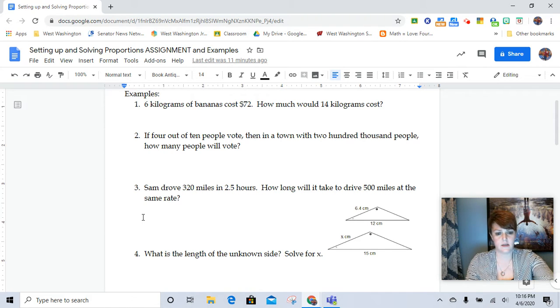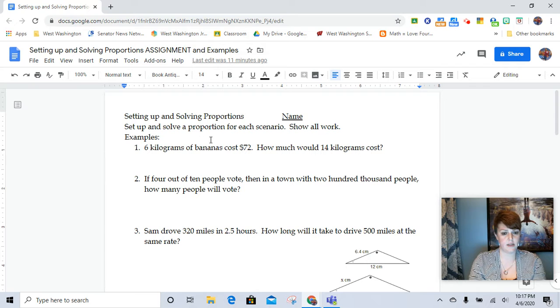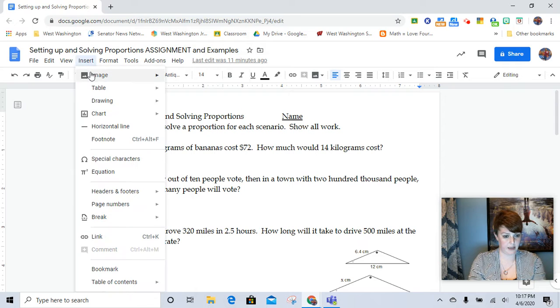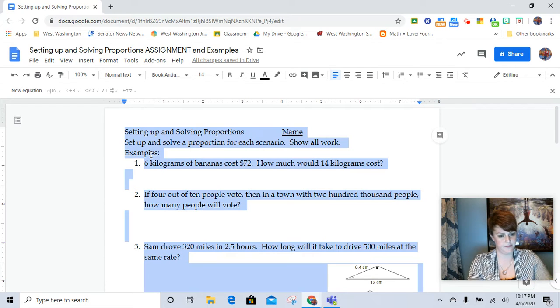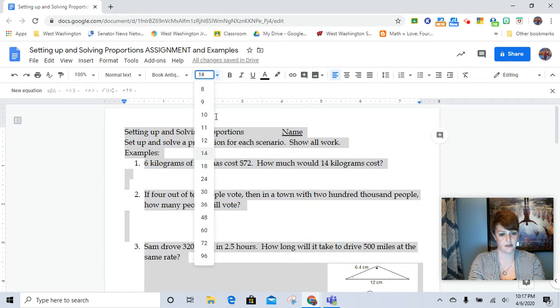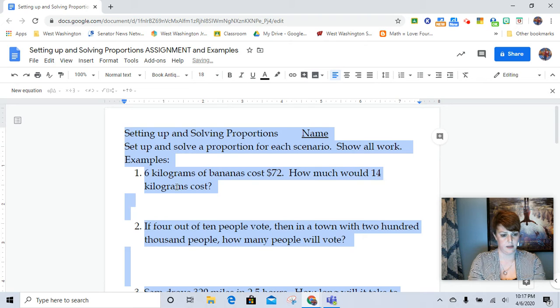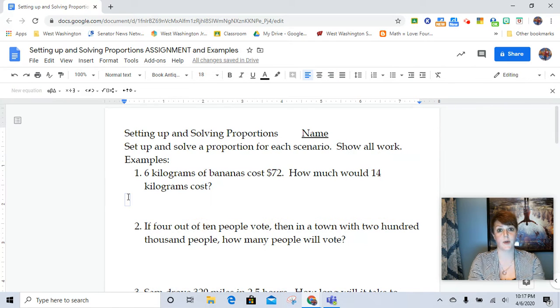But let's get started here. We want to set up and solve a proportion for each scenario and show all work. So the first thing I want to do is get my equation editor. I'm also going to change the size so that I can do a fraction at an appropriate size.